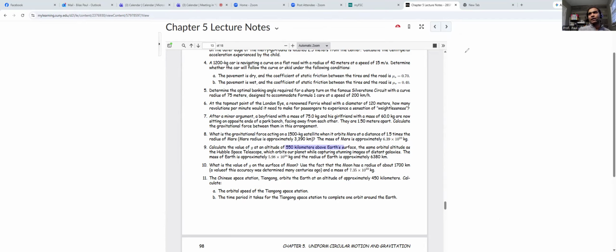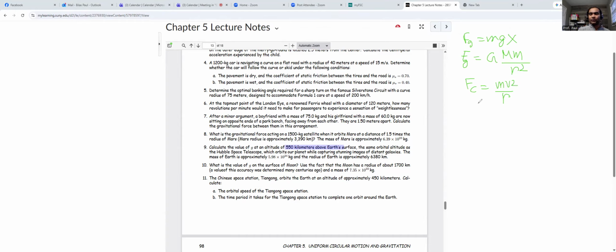Okay, so Fg is equal to G M m over r squared, the gravitational force, and the centripetal force is m v squared over r. Both of these equations are given, and I think this is also in the list of equations, so in this case we don't need it for 11.